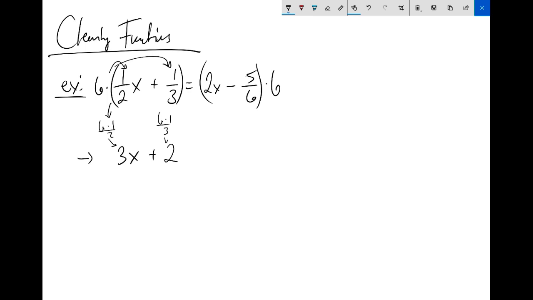All right. Then on this side, 2x times 6 is just 12x, right? And then here, you've got 6 times 5 over 6. Well, the 6's just cancel. Oops, I didn't mean to write that there. Let's write it underneath. The 6's just cancel, or 5 times 6 is 30 divided by 6, which gives us a 5.